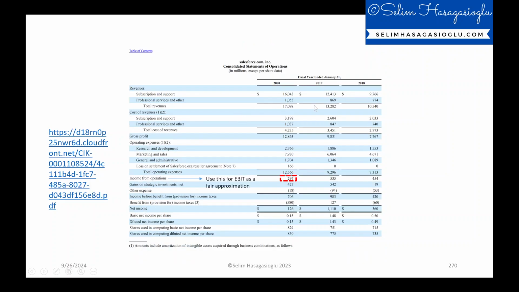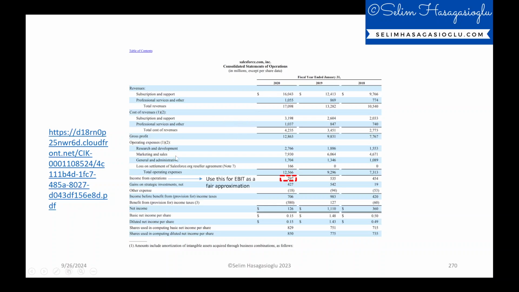Remember, we were also trying to estimate the operating leverage of these comparable firms. Of course, it is harder to calculate these values, but remember we had an approximation: change in EBIT divided by change in revenues. So for the last year, fiscal 2020 ending on January 31st, you can look at the income statement of the company.